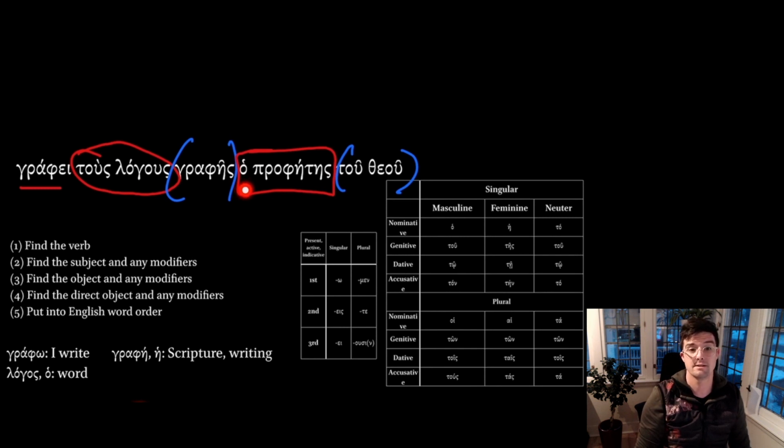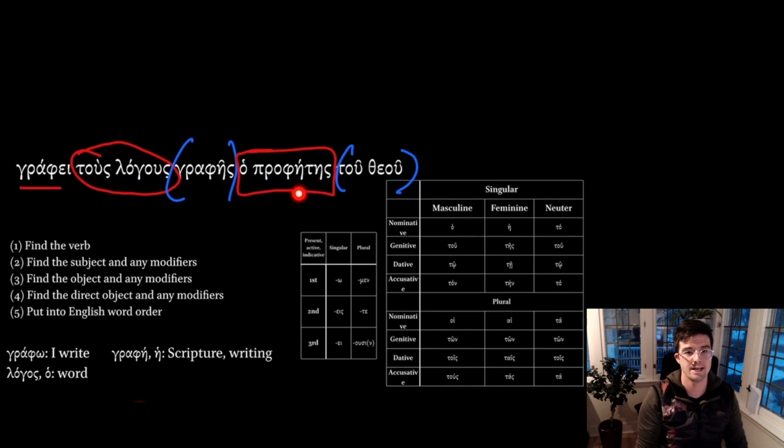So this tells us we have the nominative subject, the prophet writes, and I should also say of God is modifying the prophet. So the prophet of God writes tous lagus graphes. So tous lagus is the object with the genitive graphes. This is a feminine genitive singular noun.